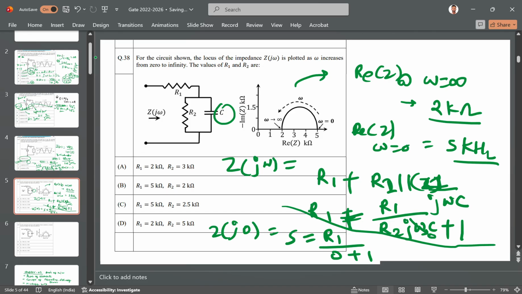This is R2 and another part R1, meaning R1 plus R2 is equal to 5. There is only one option where R1 plus R2 is 5, so the answer should be this one.